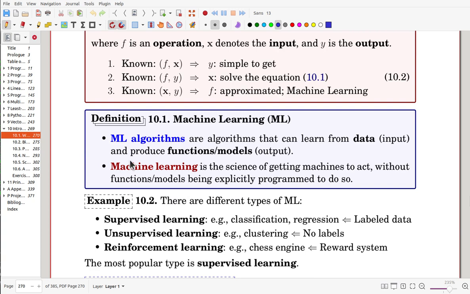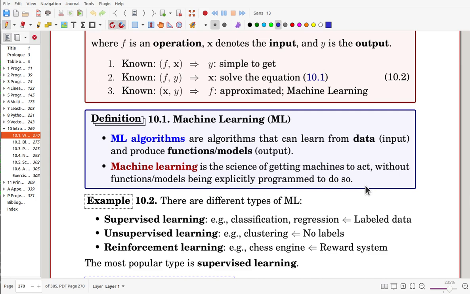Machine learning algorithms are algorithms that can learn from data and produce functions, models. Machine learning is the science of getting machines to act without being explicitly programmed to do so.